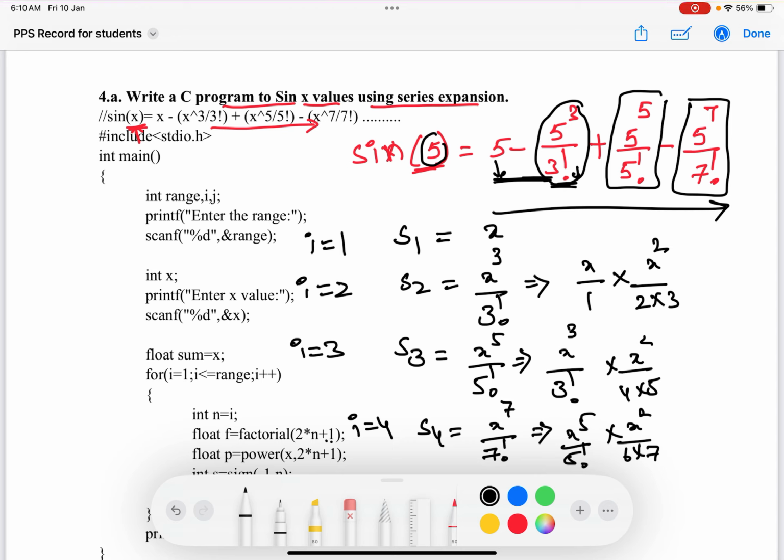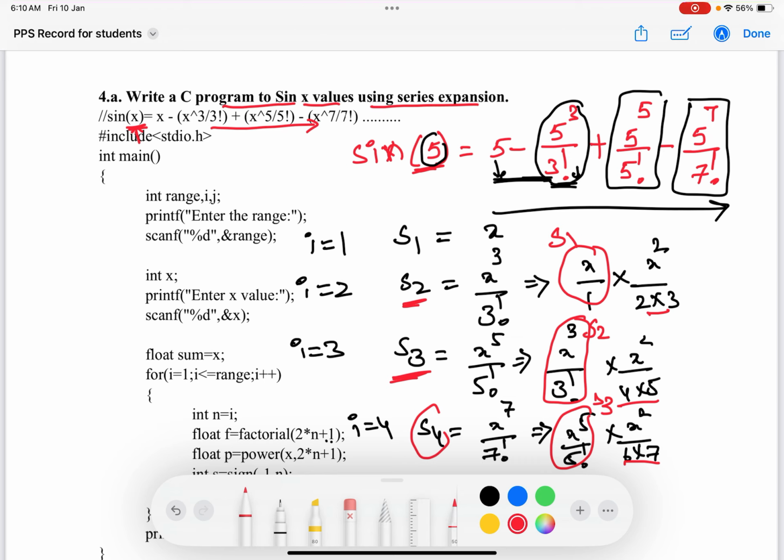If I want to calculate the S3 term, it has S2, correct? It is written as S2 and this term. S2 is also written as S1 and this term. The S4 term is also written as S3 and this term. Yes.